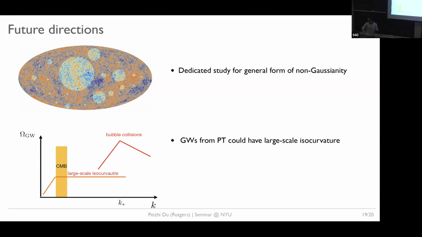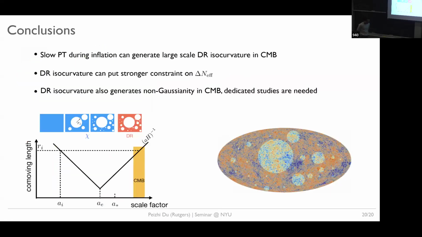Okay, so I think naturally we're close to the end of my talk, and probably also the time. I can summarize. In this talk, I introduced a slow first order phase transition during inflation, and that can generate dark radiation isocurvature, which is visible in the CMB.